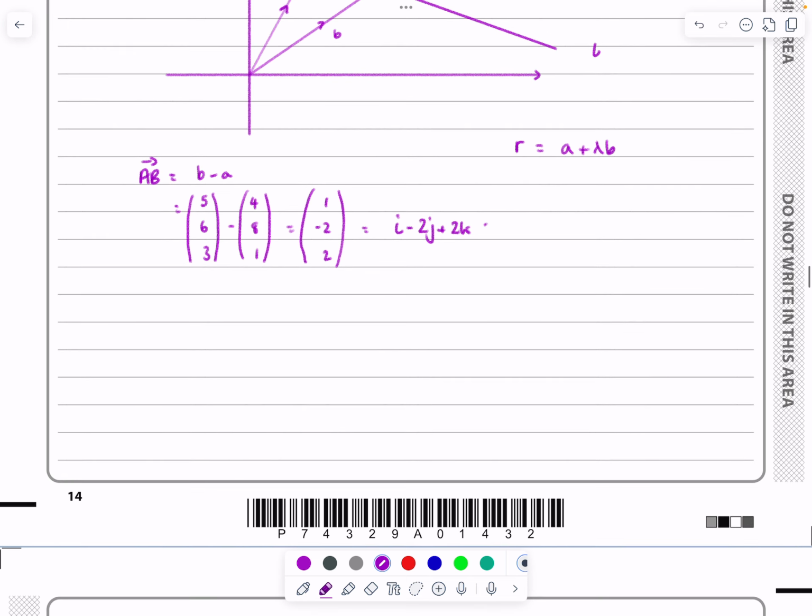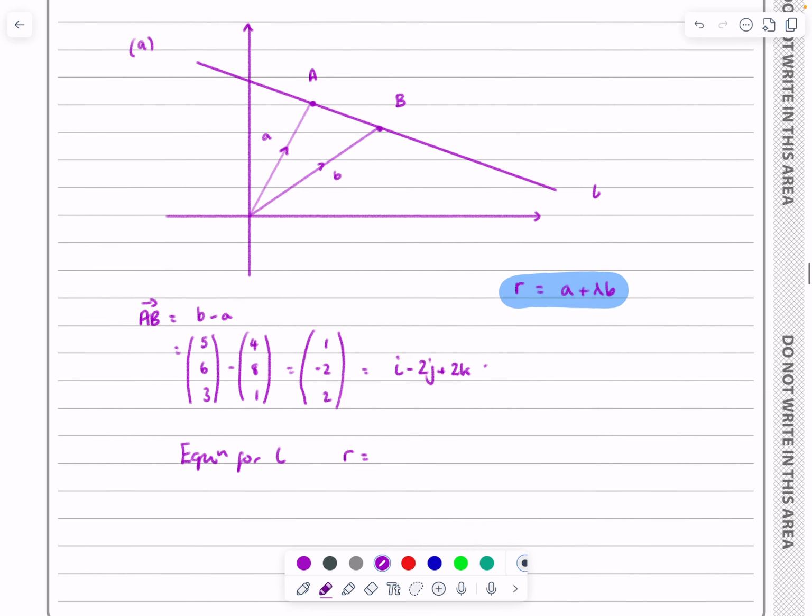So the equation for L. Don't get confused between my a and b up here and the A and B I've got in the question. The equation for L is going to be r equals a, which is any of the vectors.